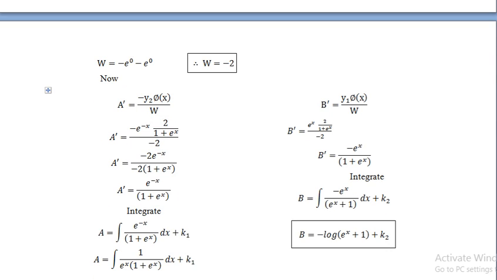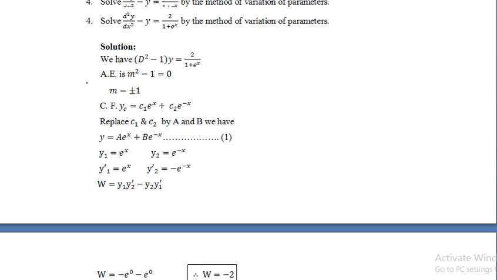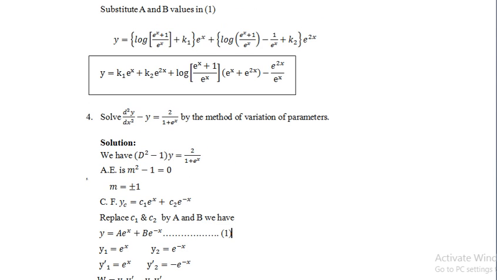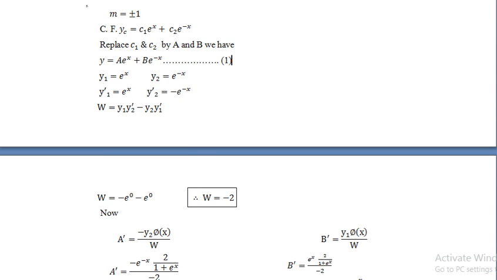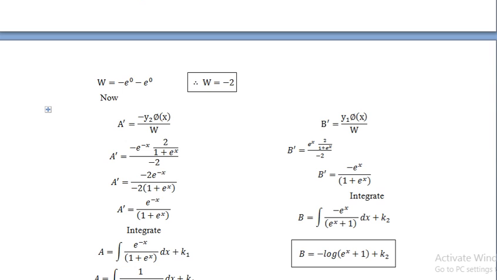Then use the a dash and b dash formula and substitute the y2 term. So y2 is e to the power minus x, and our phi of x is 2 divided by 1 plus e to the power x here. Then the whole is divided by minus 2.